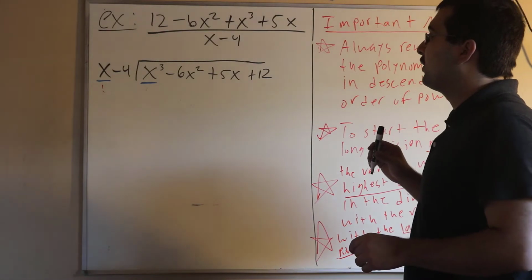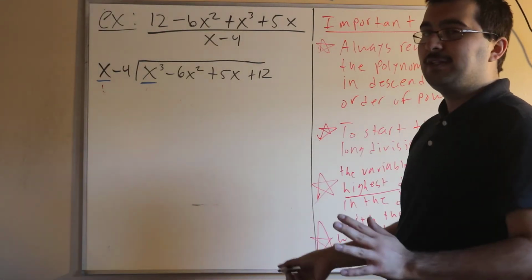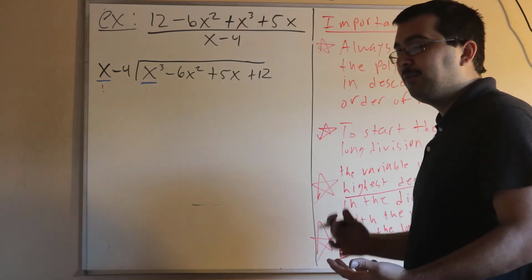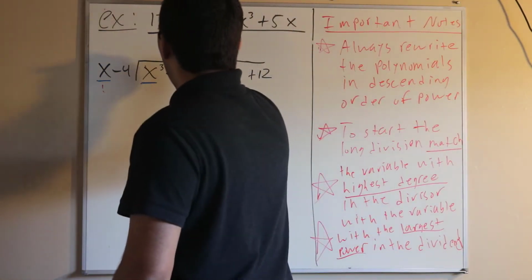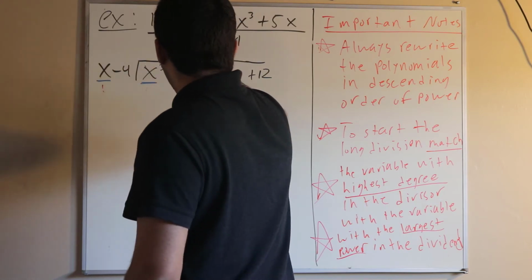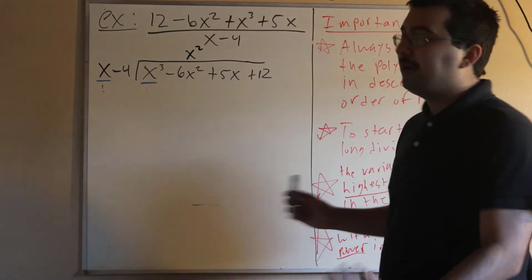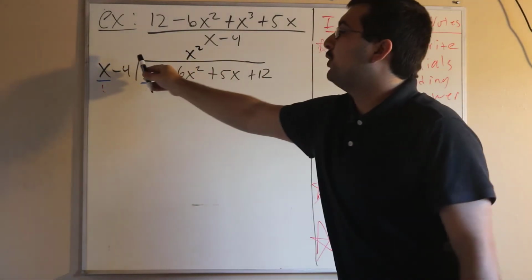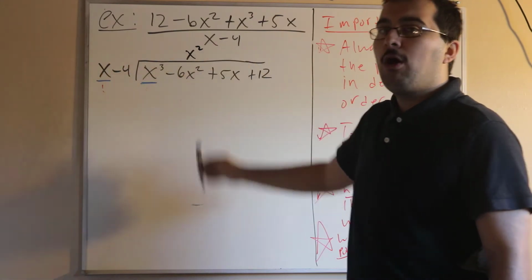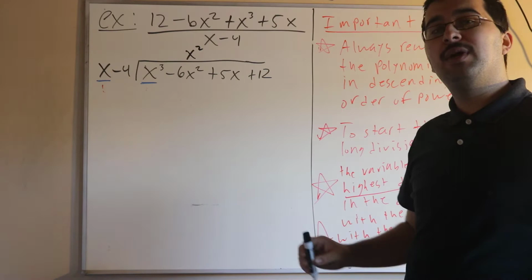Now, what's going to be important to understand, and it's going to be very helpful for us as we move through these problems, is after you understand you want to multiply by an x squared, always try your best to match what you multiply by up top with the corresponding term that has the same power in your dividend.